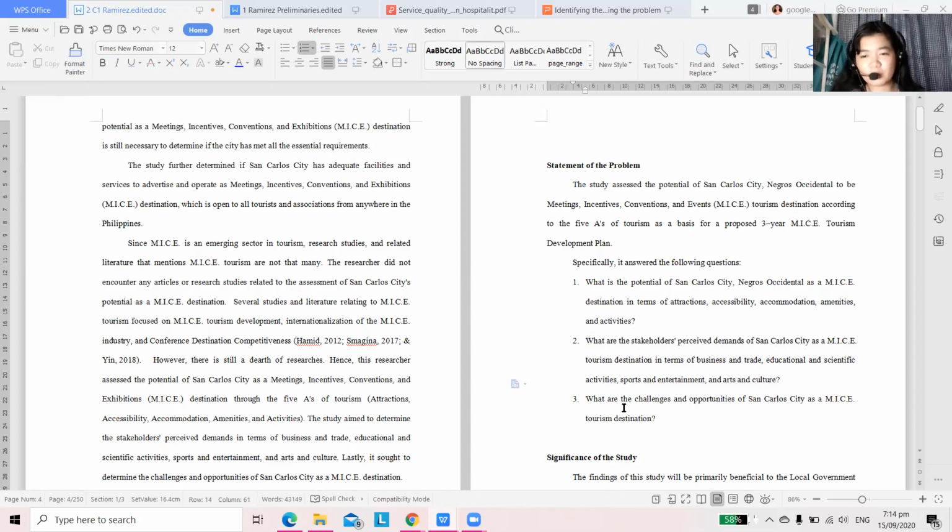Okay. What are the challenges and opportunities of San Carlos City if it becomes a meetings, incentives, conventions, and events destination?